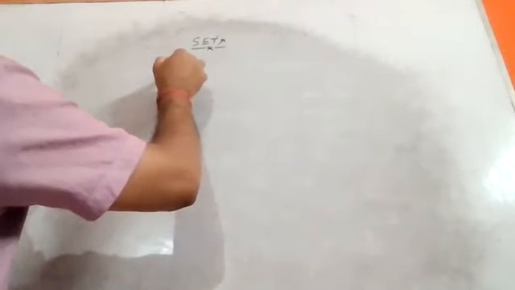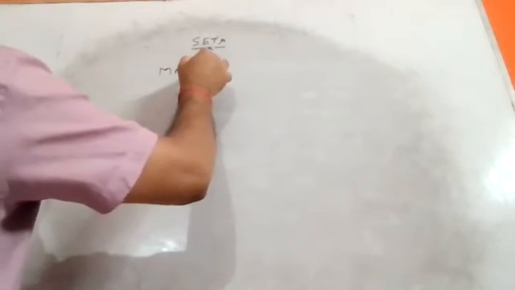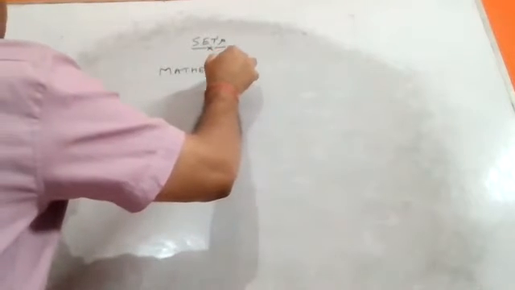In set theory, one thing to remember is that repetition of any element is not allowed. Repetition of any element is not allowed. For example, if we have to write down the word mathematics, like this.